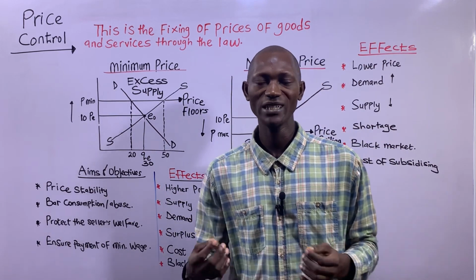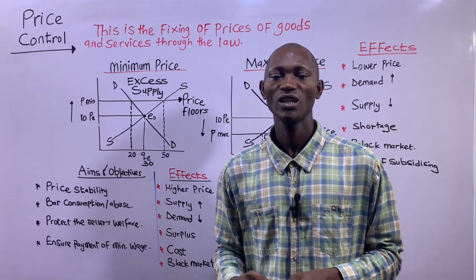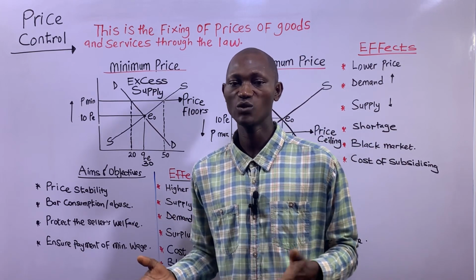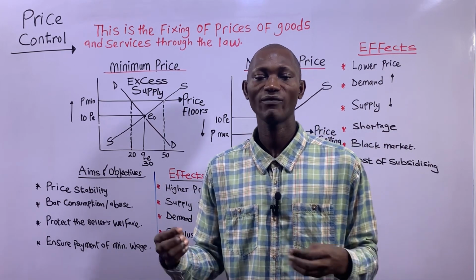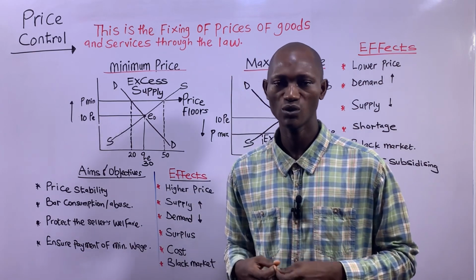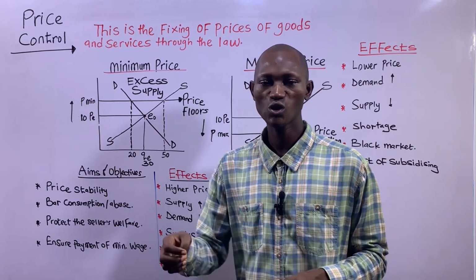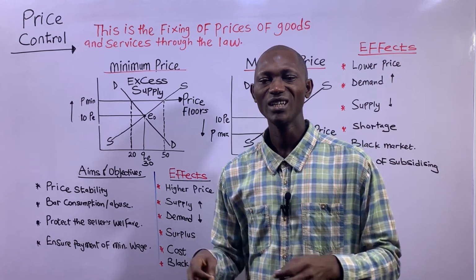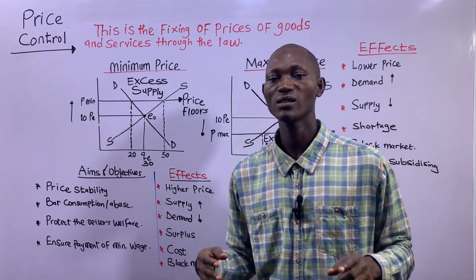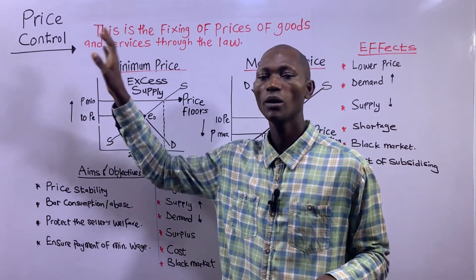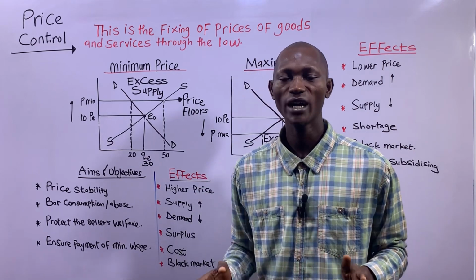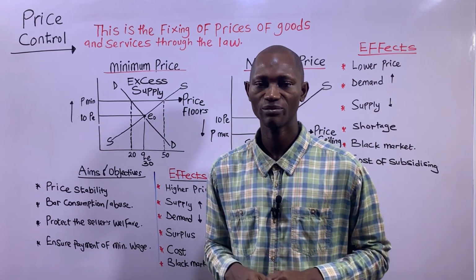Government will come in by stabilizing the price in that particular market, which is a free market, where prices fluctuate, rise and fall. That particular tool that the government will use to fix the price in a market where prices fluctuate is called price control or price legislation.